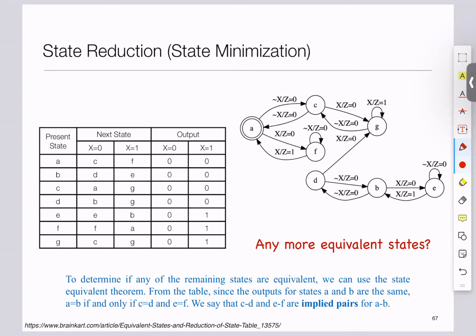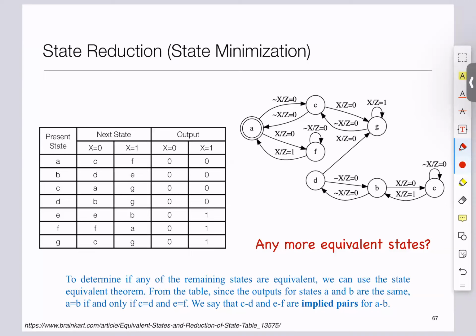Well, unfortunately, if you look at this table, there are no two rows which are identical for the next state and output. So the obvious equivalence is not there. But we still have that theorem that I mentioned there, right? The theorem basically said that two states are equivalent if their outputs are the same and the states they go to are equivalent.